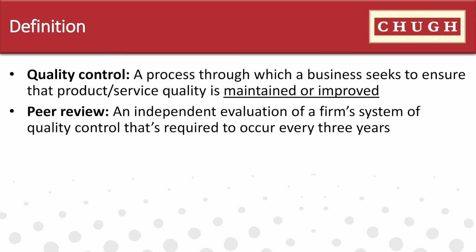You need to have a management that is committed to having an open, honest, ethically correct firm culture, because employees mimic the behavior of top management. The next elements are fairly self-explanatory, so I'm not going to go over each element: compliance with ethical requirements, client acceptance and continuance, human resources, engagement performance, and lastly, monitoring.